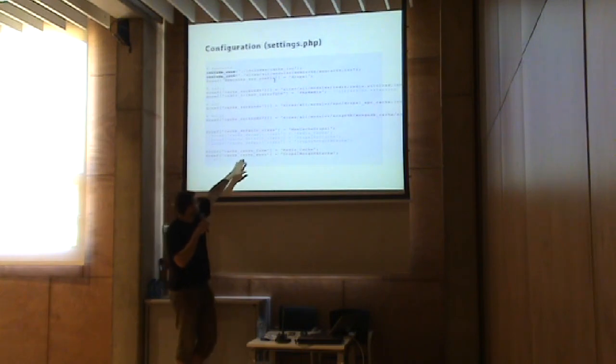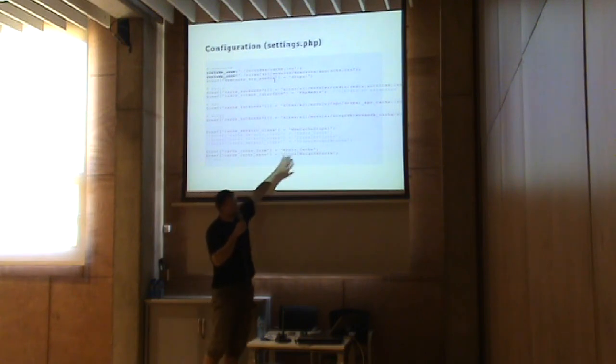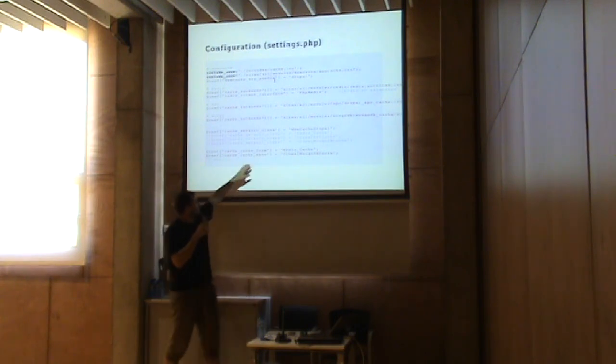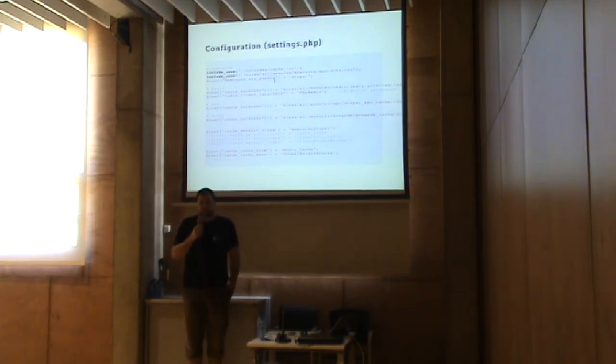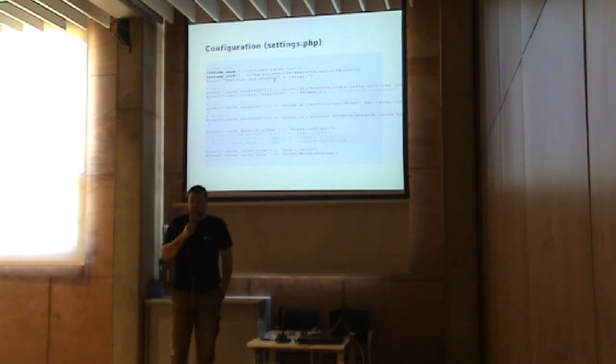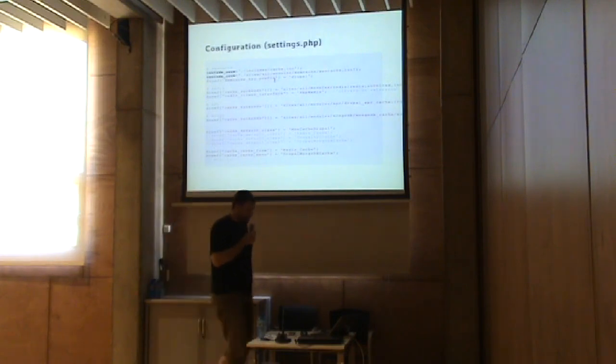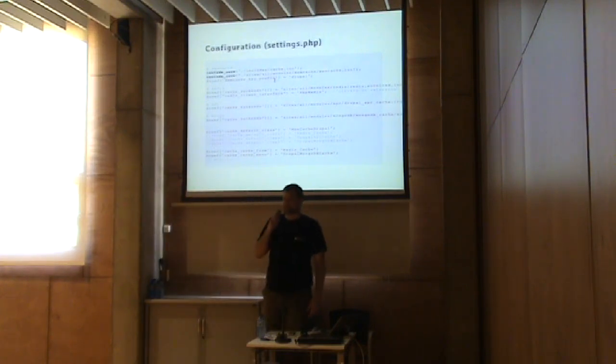Like here, a cache form table which stores form hashes goes to Redis, and for example, cache menu goes to Mongo. It depends on your installation, what you need. The point is that you can do anything you want. Any questions here? Okay.